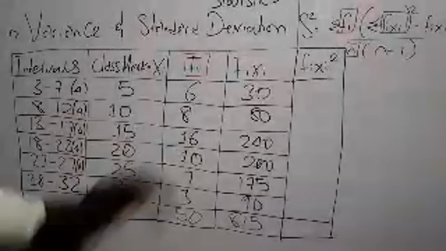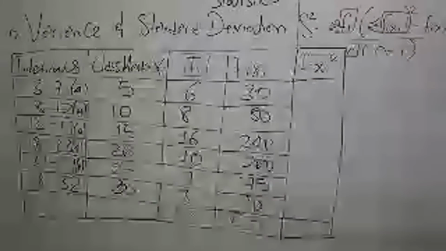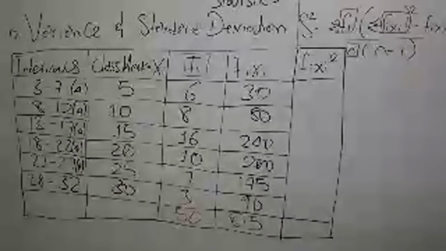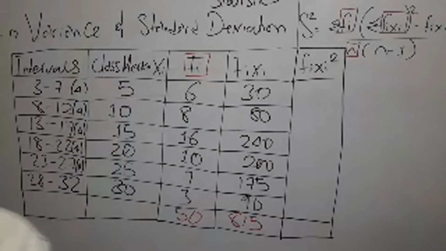So fixi square is what we have now. By fixi square, we are simply saying 30 raised to the power of 2, 80 raised to the power of 2. So what's our answer, please? I said we need our calculator. So what is 30 raised to the power of 2?